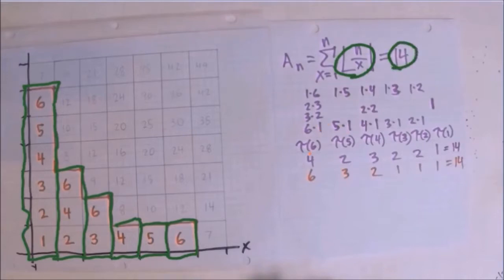Similarly, we can account for the area using the tau function, because if there are two numbers that when multiplied together give us n, then the tau function, the number of divisors, is going to give us all such possibilities, duplicated over this line of symmetry, this diagonal axis of symmetry which goes through all the squares.